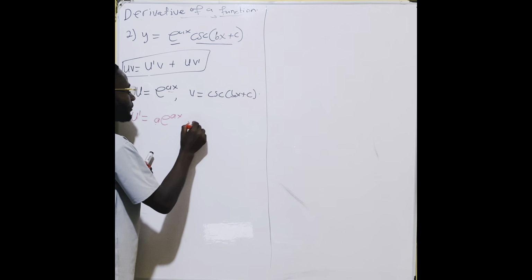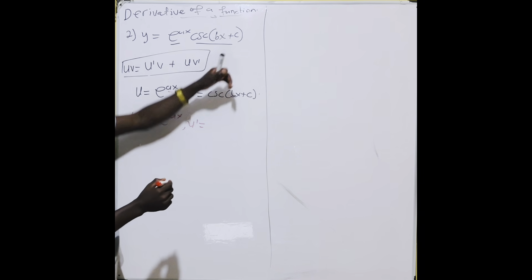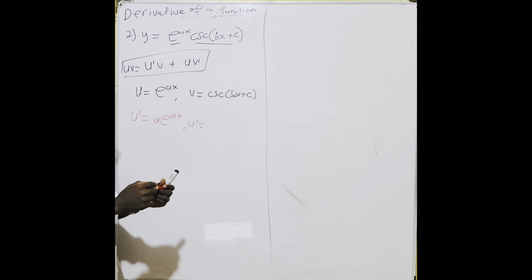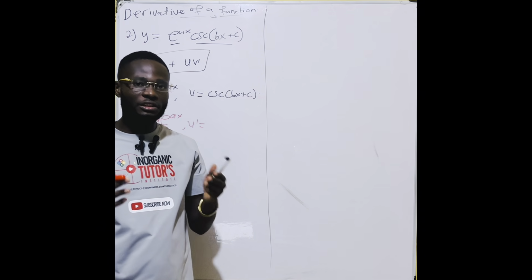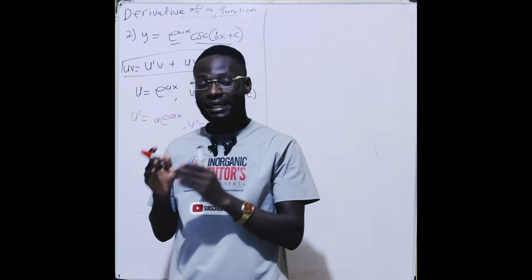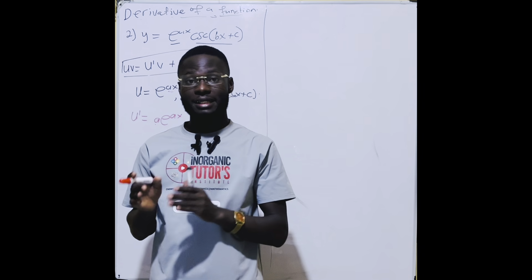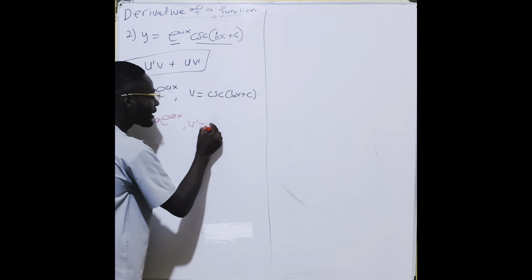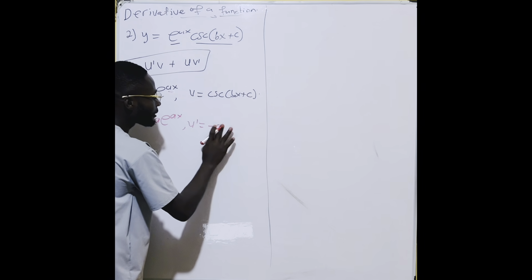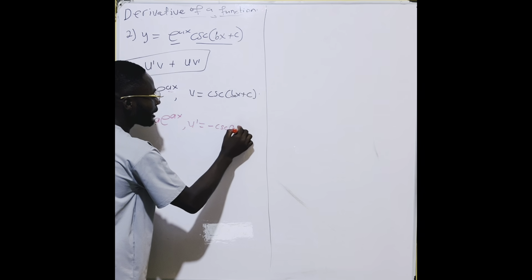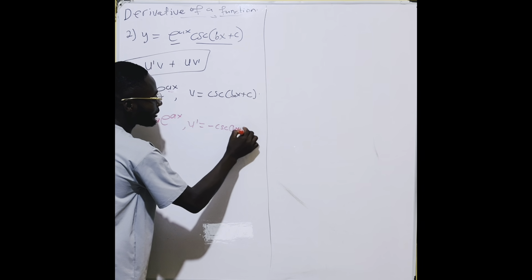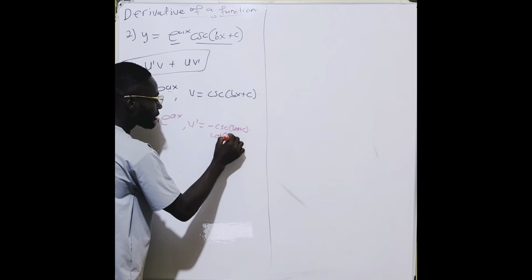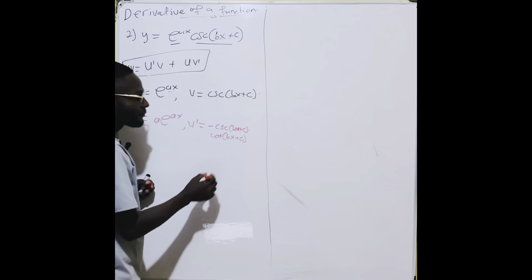So our v prime is going to be the differential of cosec(bx plus c). Actually, if you want to differentiate cosec x, then it's going to be what? Negative cosec x cot x, right? So in here, we are going to have negative cosec(bx plus c) times cot(bx plus c), right?